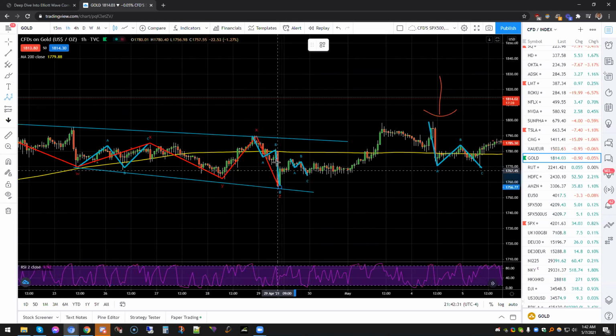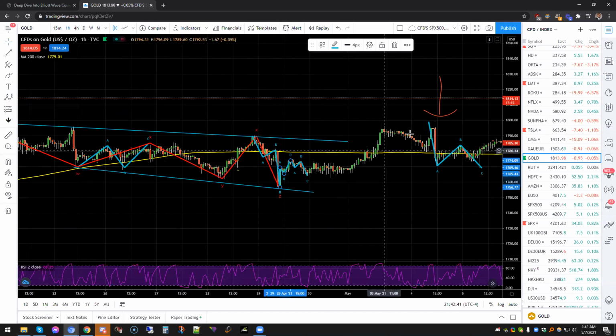You got one, two, 3 wave move right there. And this entire wave to the upside is a 5 wave move. Okay? So that's why these 3 wave moves are far away from this one, because this one is a 5 wave move. Okay?